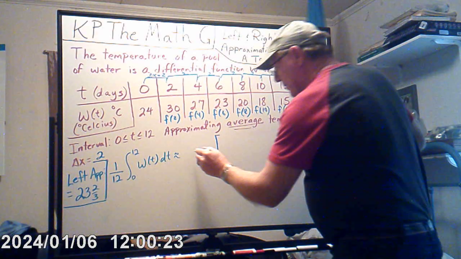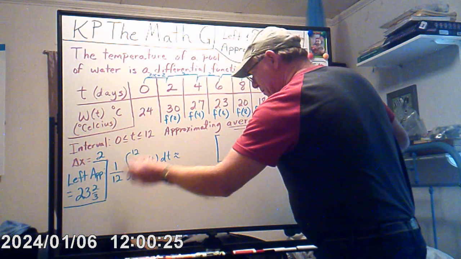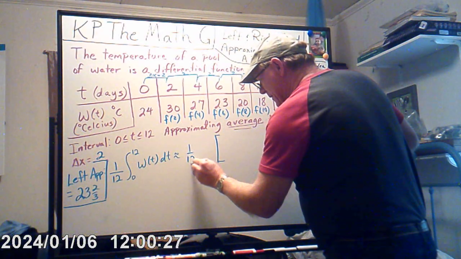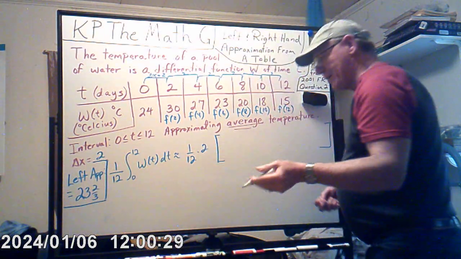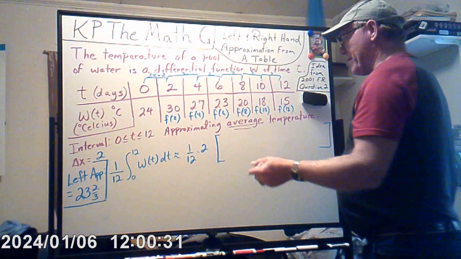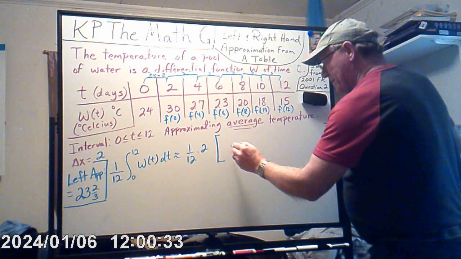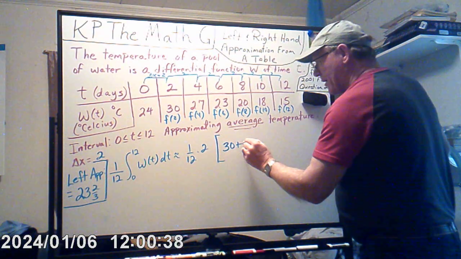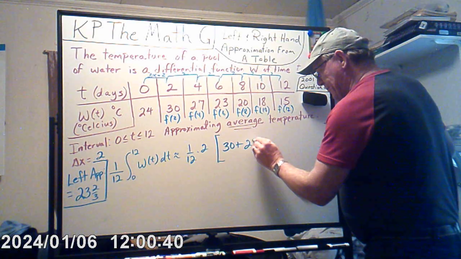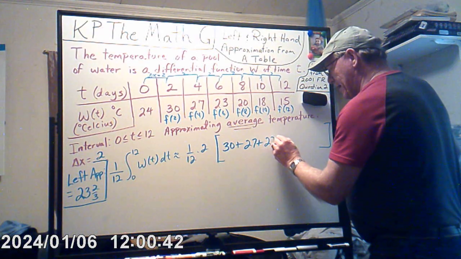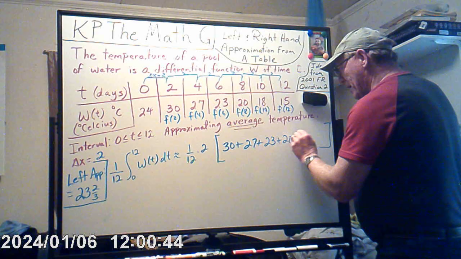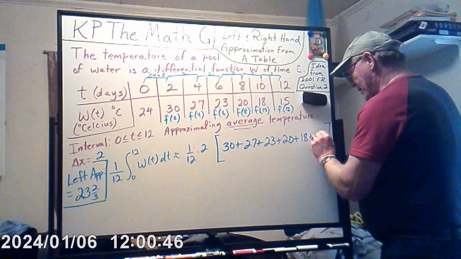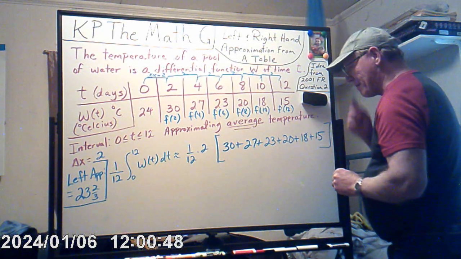Alright, so 2, and then of course 1 over 12. So 1 over 12 times 2, which again is 1 over 6. And then now F at 2. We're starting at F at 2 now. That's 30 plus 27 plus 23 plus 20 plus 18 plus 15 right there.